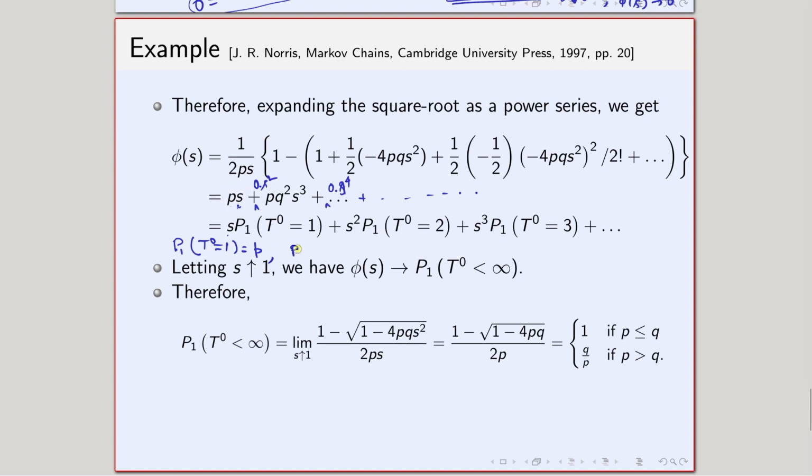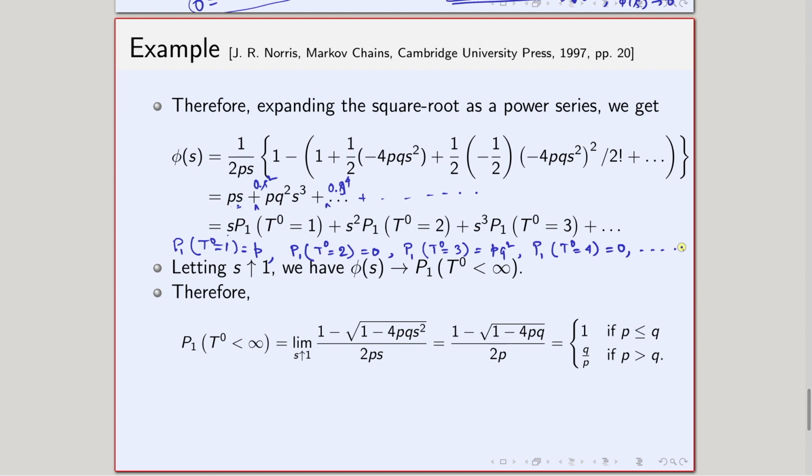Then P1(T naught = 2) is 0, because the coefficient of s squared is 0. Then P1(T naught = 3), the coefficient of s to the power 3, is pq squared. Then P1(T naught = 4) is 0, and so on.